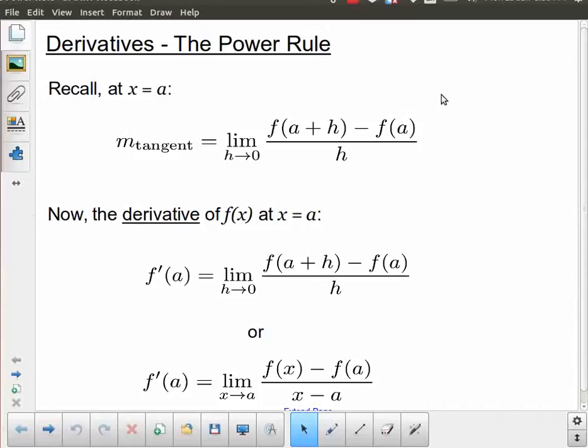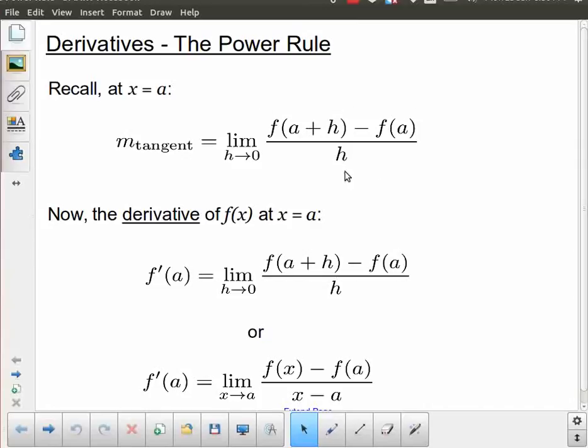And so just to remind you, when we talk about, for example, the slope of a tangent line, if we want to know the slope of the tangent line at a particular value of x, let's say x equals a, the way we do that is we take the following difference: f of a plus h minus f of a, divided by h.